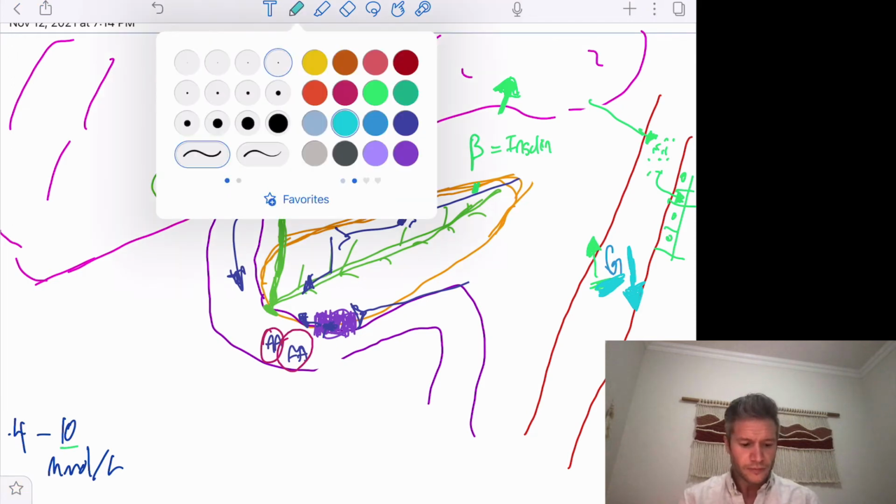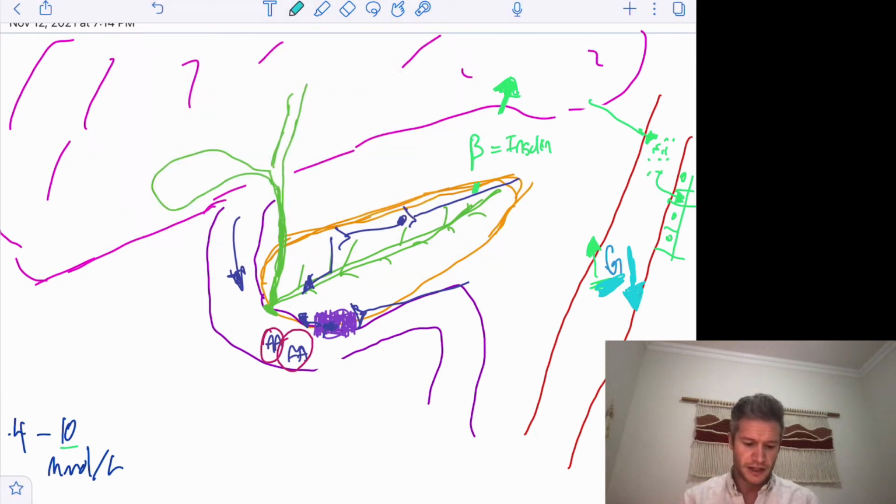One of the things that will get stimulated are alpha cells in our pancreas, which release something called glucagon. Glucagon also travels to the liver.